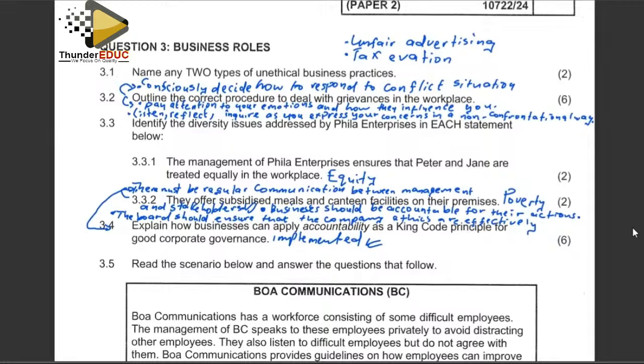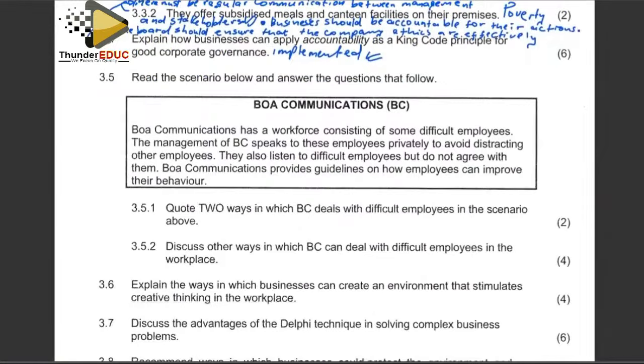Okay, right. So now let's move on to question 3.5. Question 3.5 reads as follows. Read the scenario below and answer the questions that follow. The scenario reads as follows. BOA Communications, which is BC, has a workforce consisting of some difficult employees.